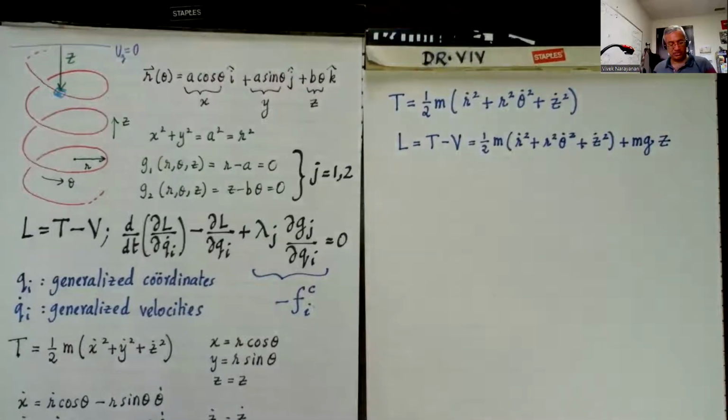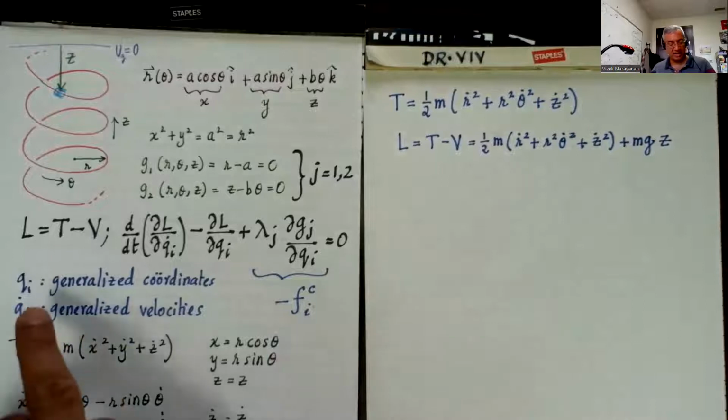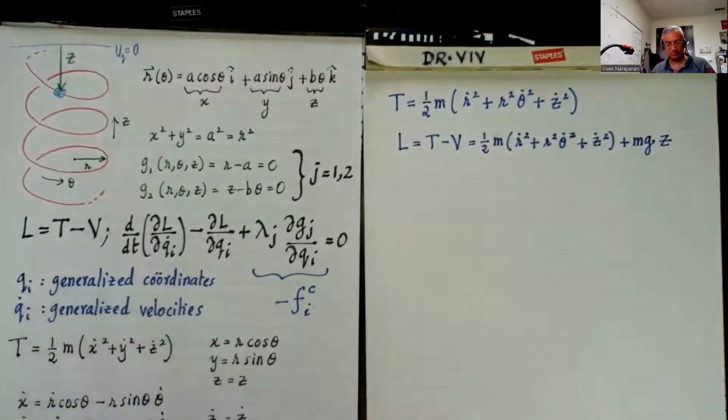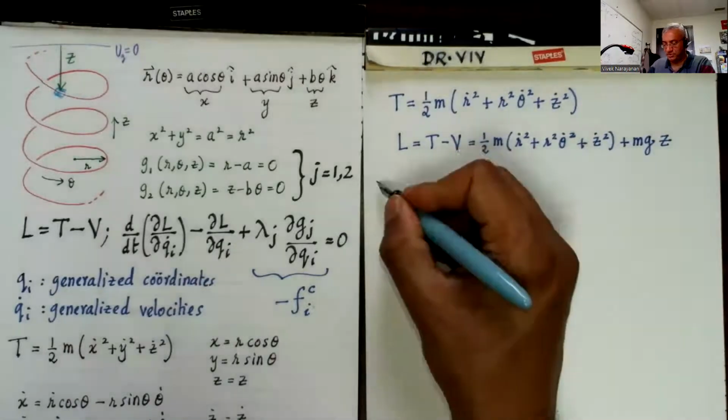Now all we would have to do is implement this Lagrange program for each of the generalized coordinates qi. So let's take the r equation.